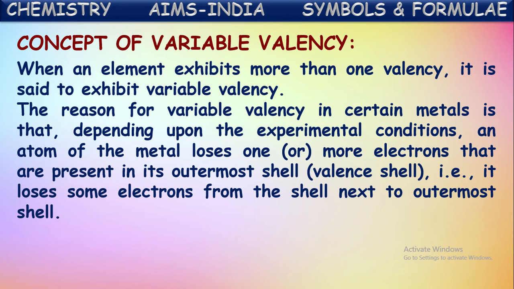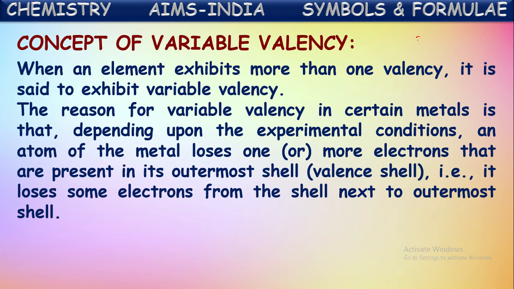That is why sometimes it will show one valency and at other times it may show another valency. That's called variable valency. So did you understand the reason? So in some of the metals, they lose in some chemical reactions their electrons from the outermost shell. Outermost shell means last shell.